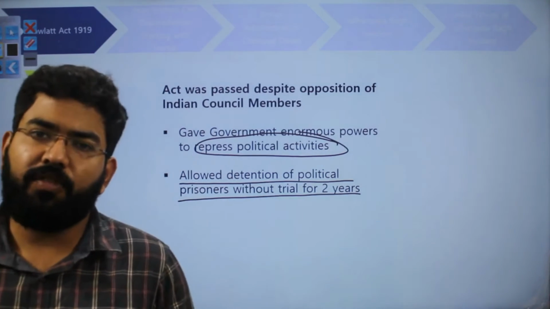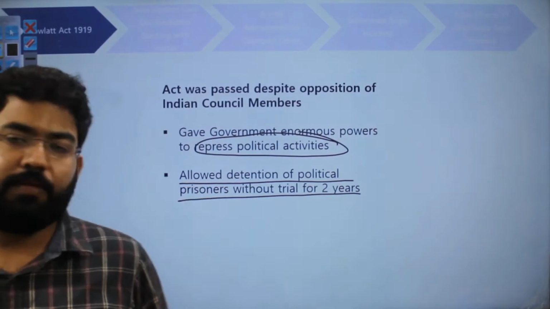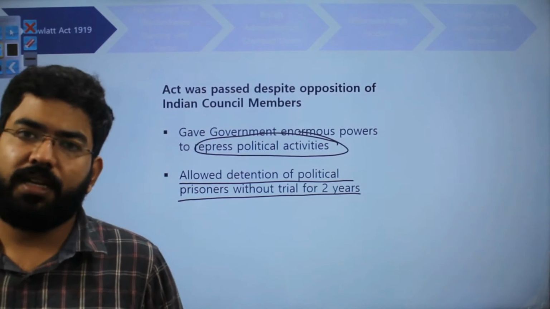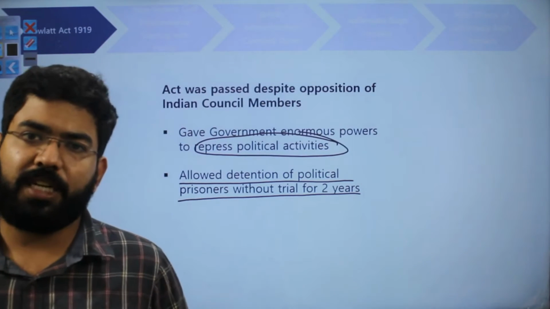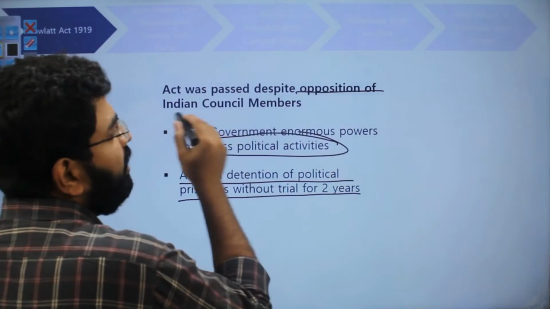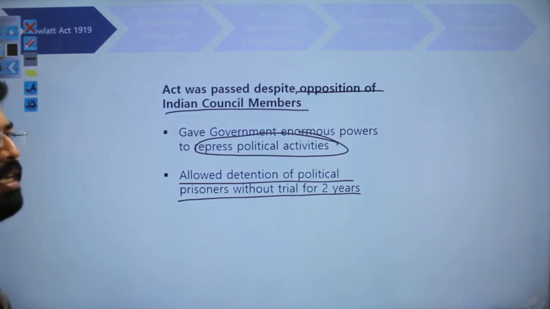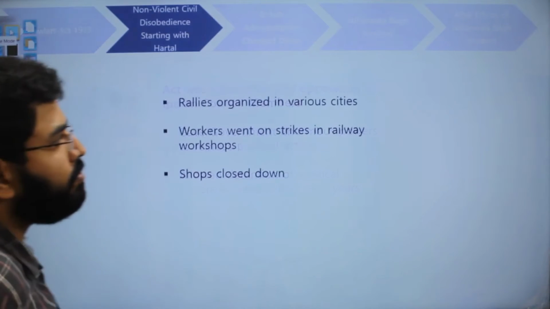No evidence was needed; without trial, you could detain a political prisoner for 2 years. When it was passed, it was opposed by the Indian council members, but it still got passed, and this led to widespread agitation.